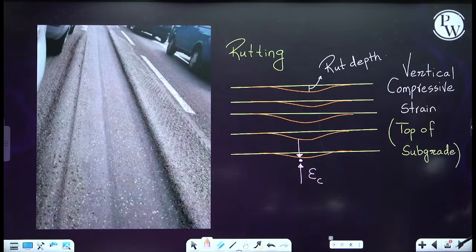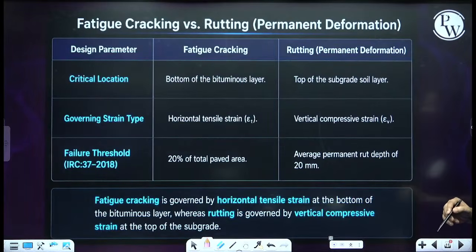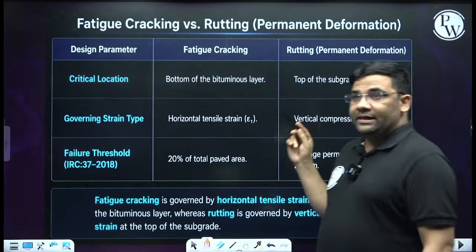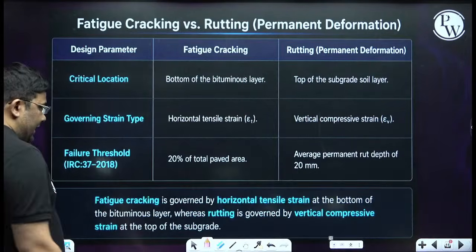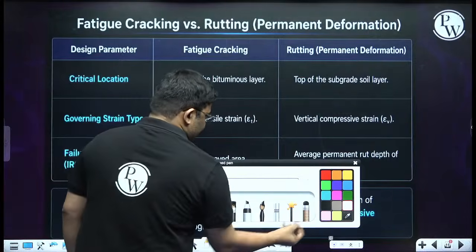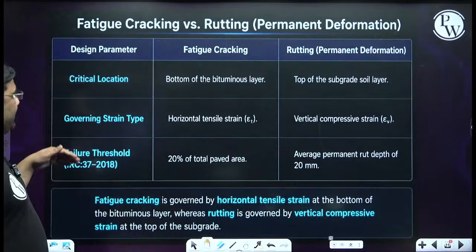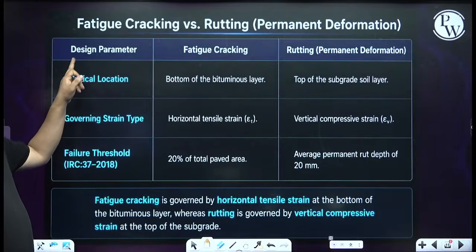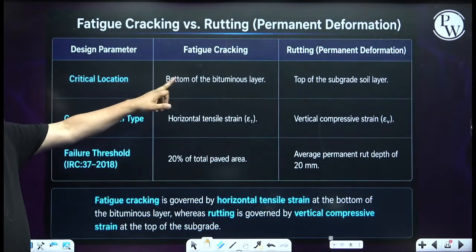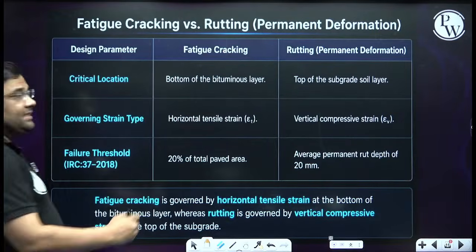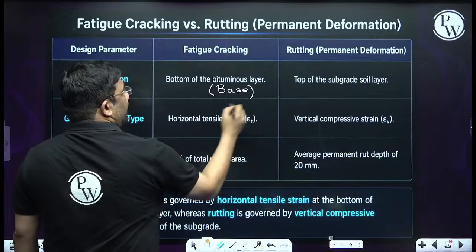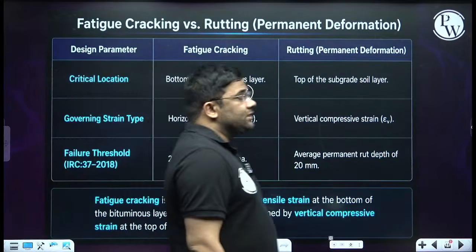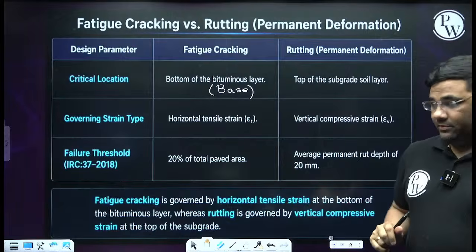So they can ask you this question. Therefore I have summarized here fatigue cracking versus rutting. Rutting is the permanent deformation which occurs in the subgrade, which is visible in other layers. For fatigue cracking, the strain is at the bottom of the bituminous layer or base layer, and rutting is at the top of subgrade.